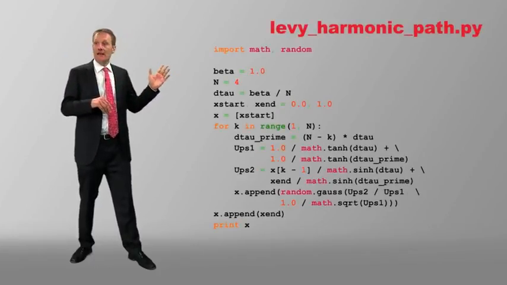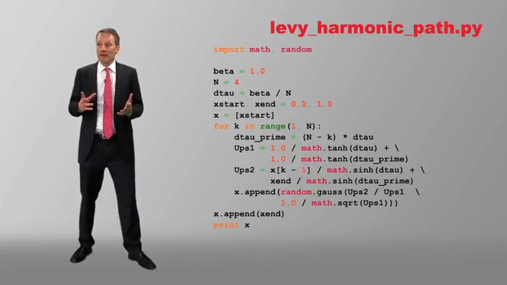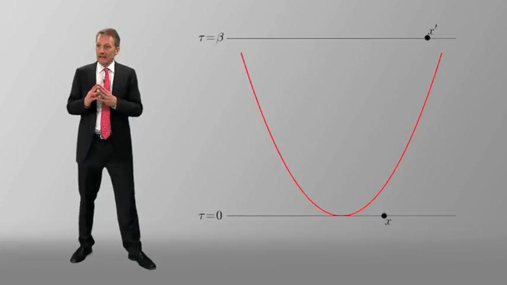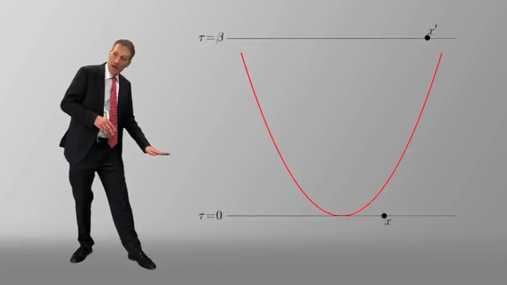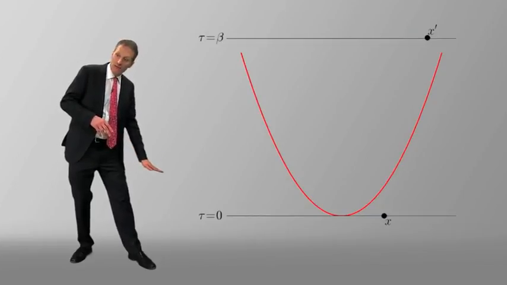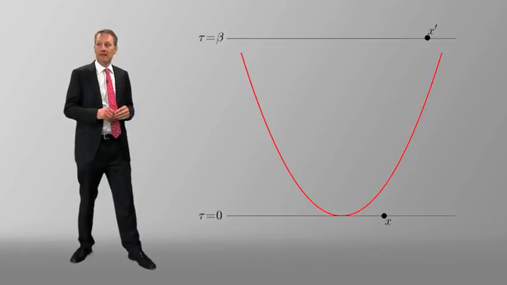The fact that it is a Gaussian allows us to derive an algorithm for the Lévy construction of a particle in a harmonic trap. This is levy_harmonic_path.py, and it is as simple as the free Lévy construction. Again, we can now choose a configuration x at tau equals 0 and x prime at tau equals beta.